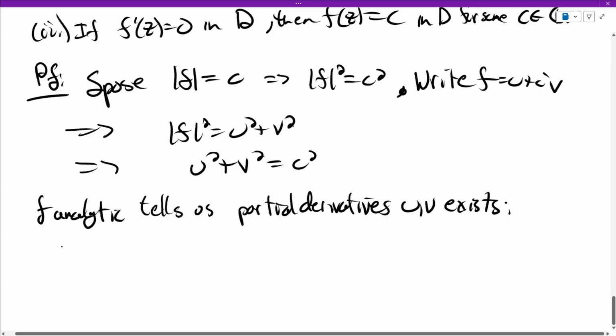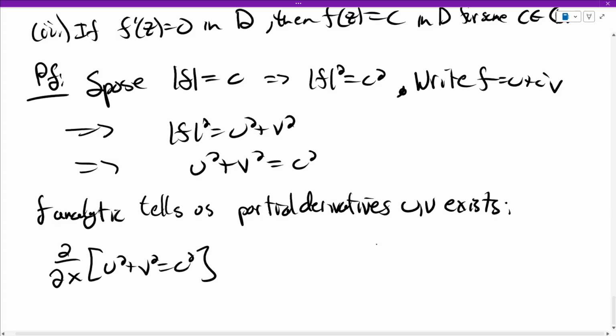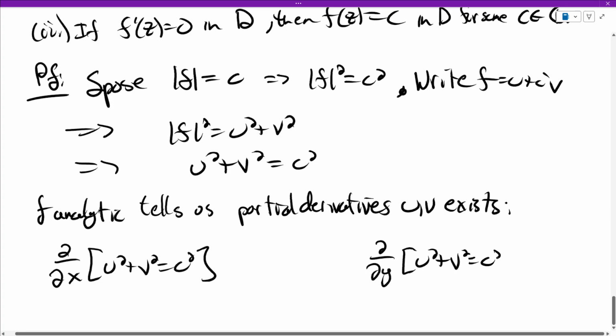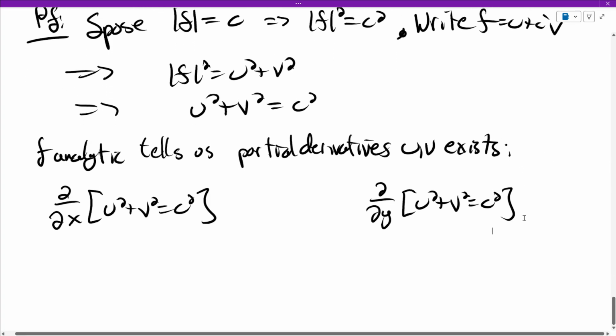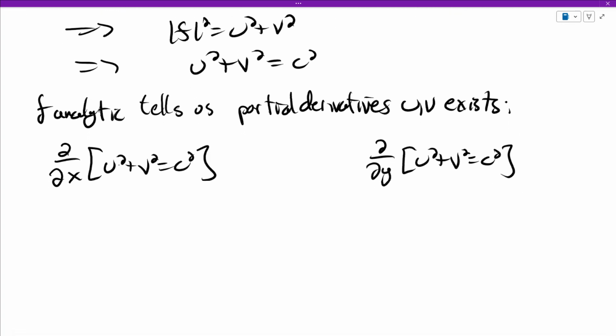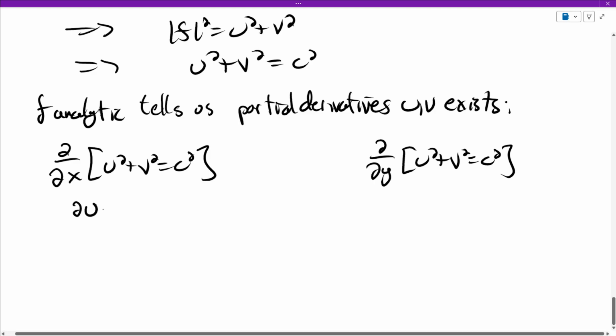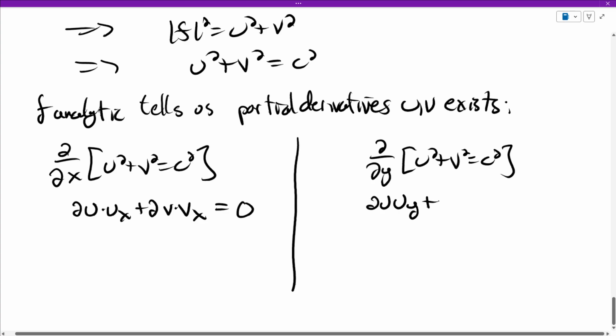So in particular, we can partial differentiate this equation with respect to x, and we can partial differentiate it with respect to y. Now, if we do this, we have to use a chain rule. So we get 2u ux plus 2v vx, and the constant is a constant, so its partial derivative is 0. And similarly over here, we're going to get 2u uy plus 2v vy is 0.